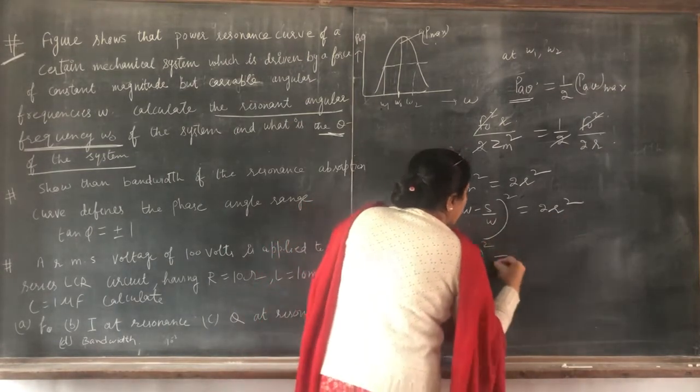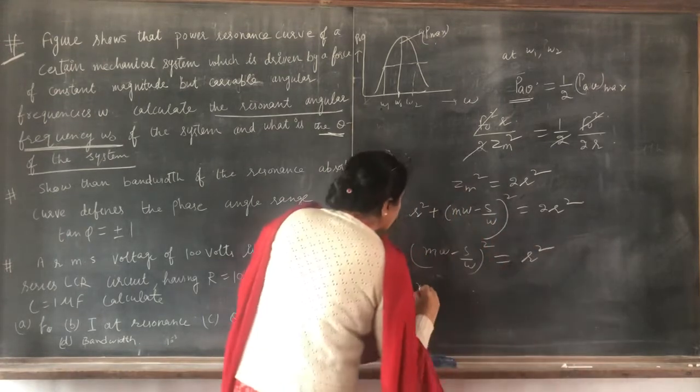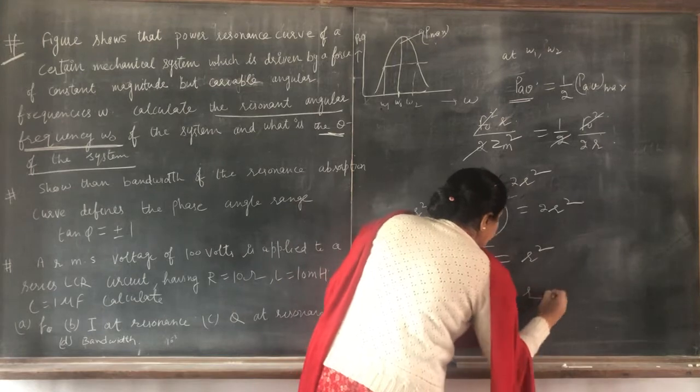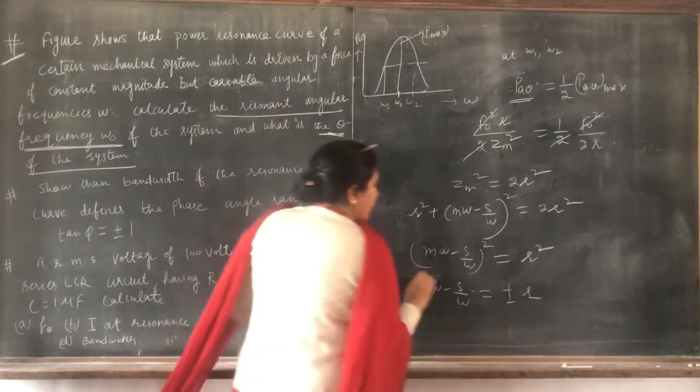This R square goes with this 2R square, and it becomes (M omega minus S over omega) square equal to R square. Or you can say M omega minus S over omega is equal to plus minus R. So this is very important.